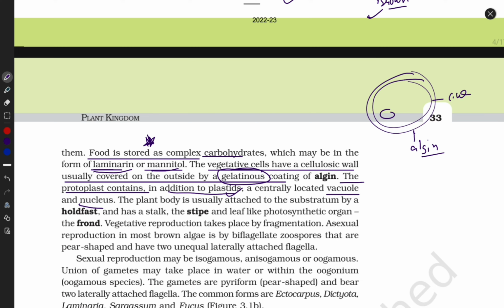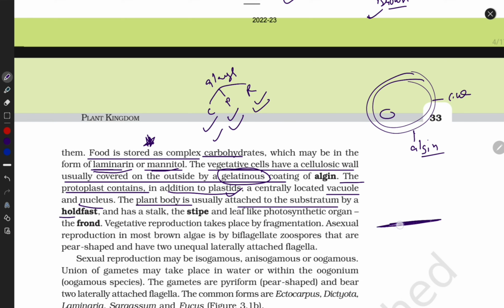Algae are divided into three classes: Chlorophyceae, Phaeophyceae and Rhodophyceae. But each takes other characteristics, they have their own properties, and they vary a little from each other. The plant body is usually attached to the substratum by a holdfast.